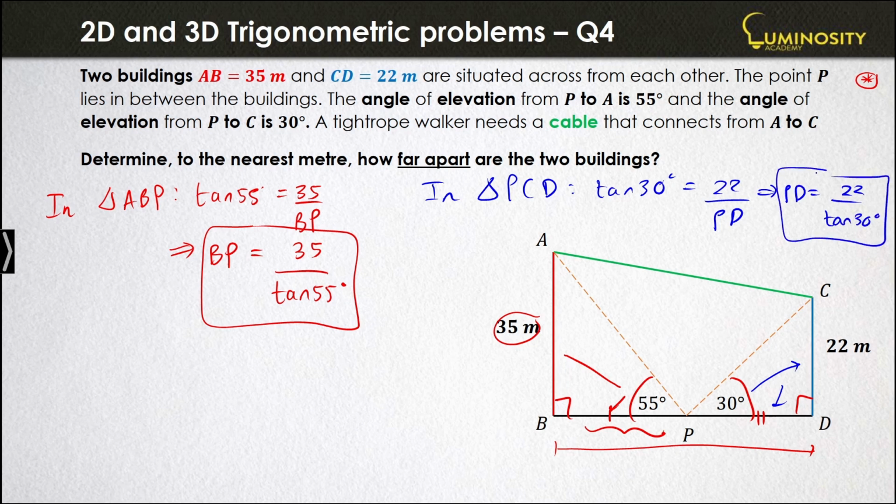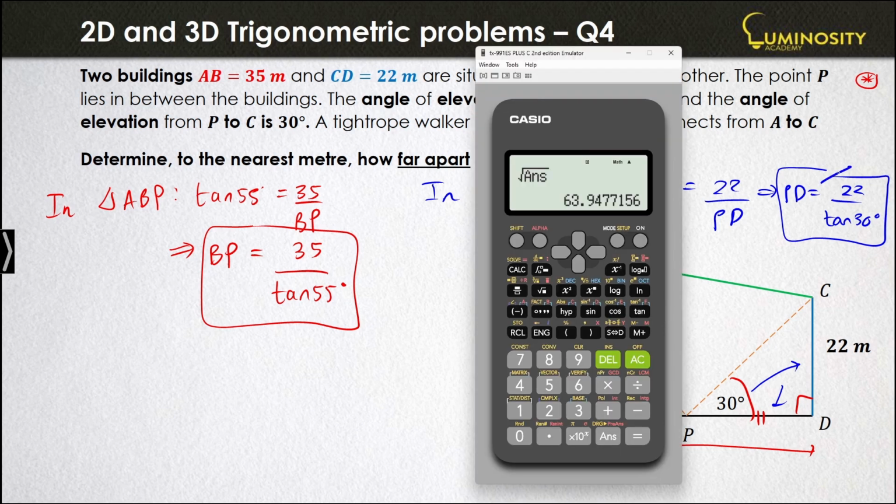Alright, so what I'm going to do is I'm just going to put it directly onto my calculator and then write the final answer. So it's going to be 35 over tan 55 plus 22 over tan 30. That's going to give me 62.61.